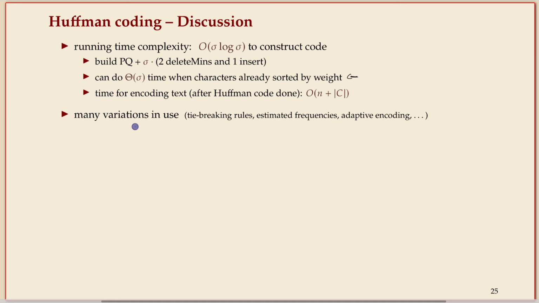The key algorithm is like I presented, but there's many variations you can use. The tie breaking rules is one, where you can go in different directions. The way how you get the weights can be different. You can, as we did, just count exactly how often each character occurs. There's cheaper ways where you just try to guess that, and there's ways where you're adapting.